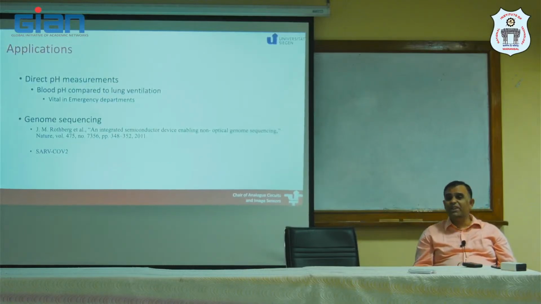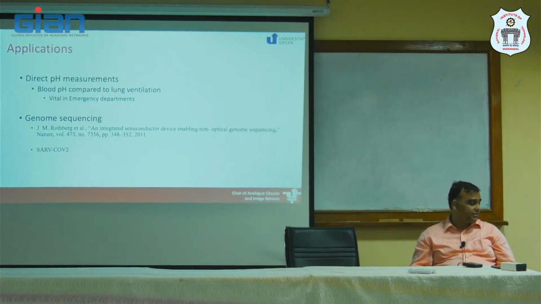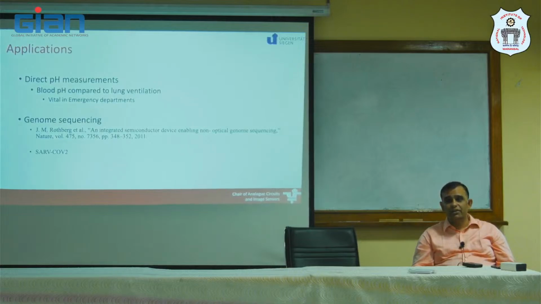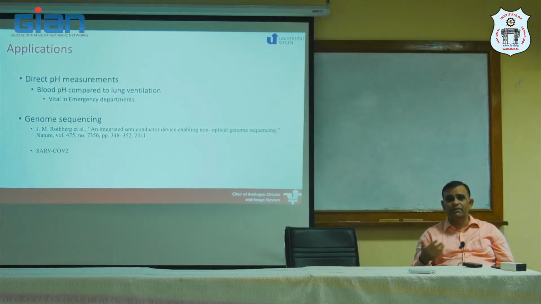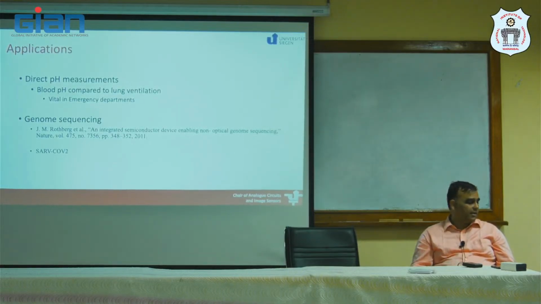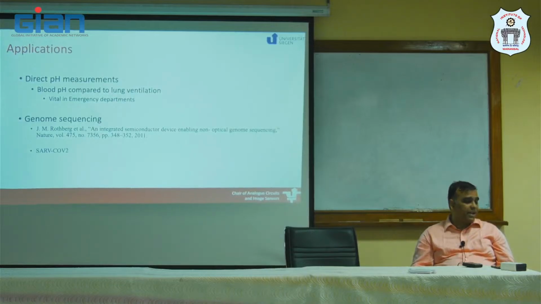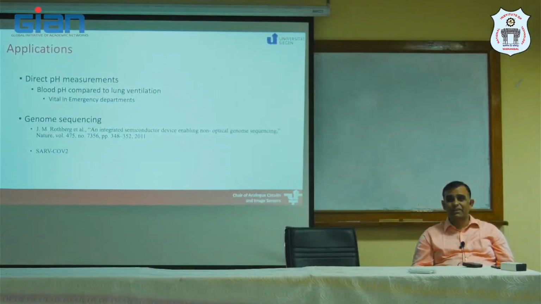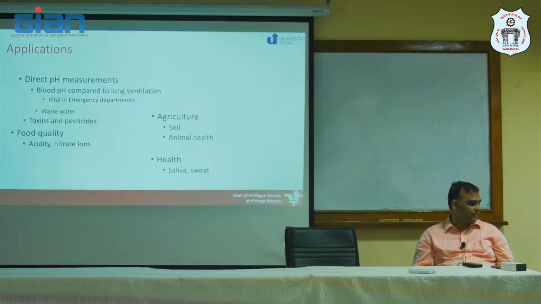Application wise, these have been used to measure blood pH, particularly for looking at oxygenation and carbon dioxide concentration in blood, which is quite vital while we are in emergency departments. It was tried for SARS coronavirus too. Didn't work that well because we didn't have enough time to test it compared to the classical solutions.